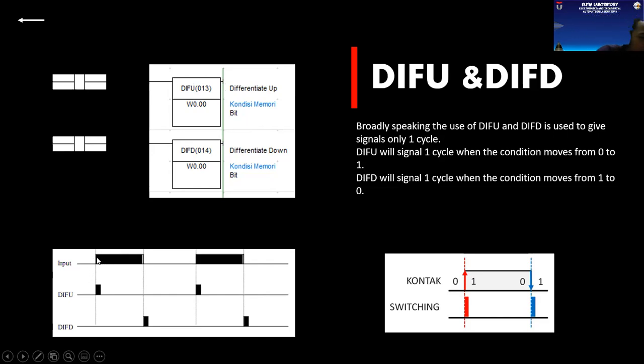DIFD is different: it gives a one-cycle signal when the condition moves from 1 to 0.